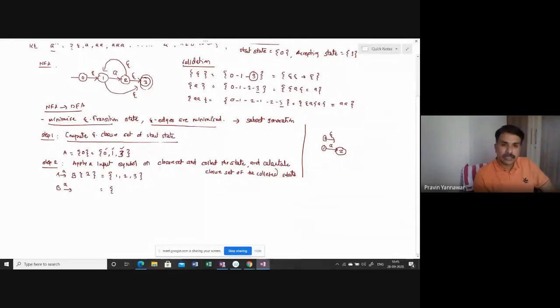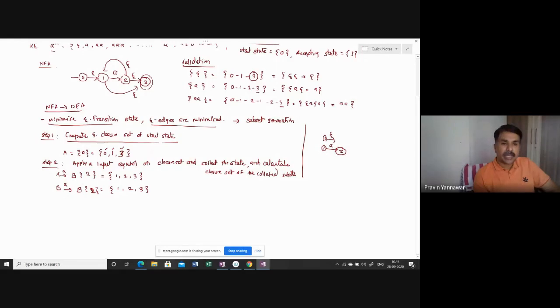In this B there is a state called 1 where A is being applied. Again, this gives me state number 2, and the closure of 2 is 1, 2, 3. Do we have a new set here? No, we have the same state, so let us say this is B only.